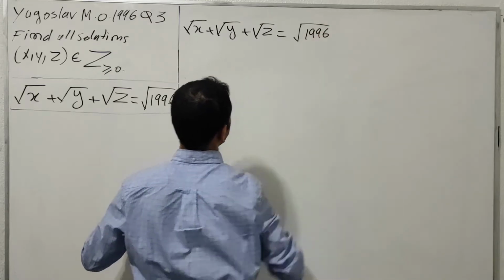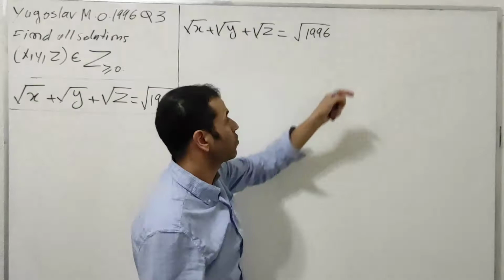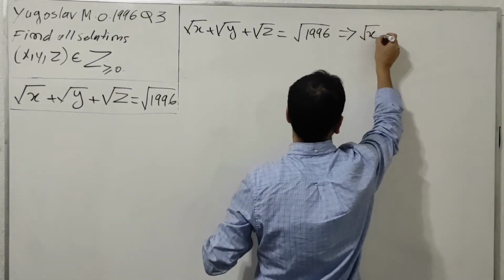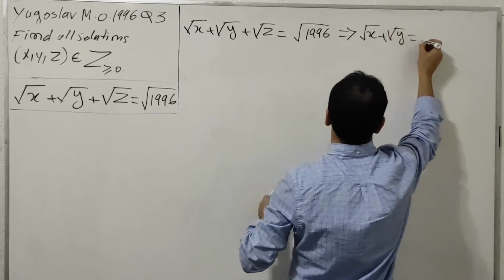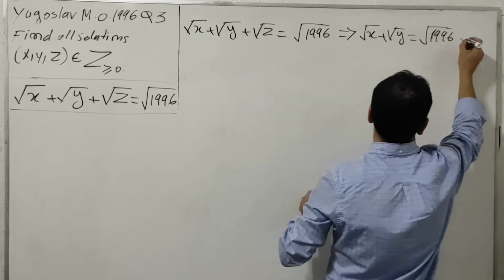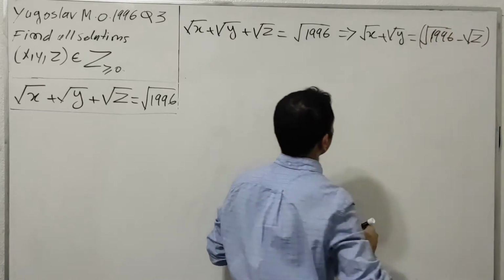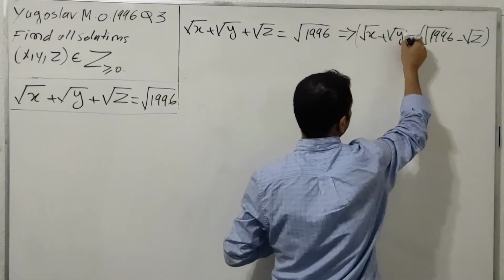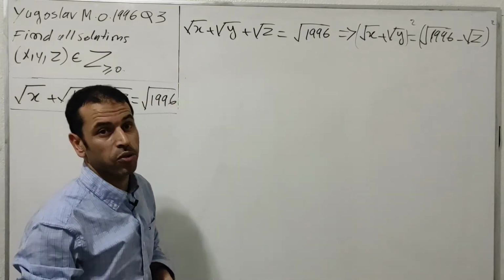1996. As I said, I'm going to move over this square root of z to the right hand side of this equation. I will have square root of x plus square root of y equals square root of 1996 minus square root of z. So I'm going to raise to the power 2 on both sides and simplify this expression.